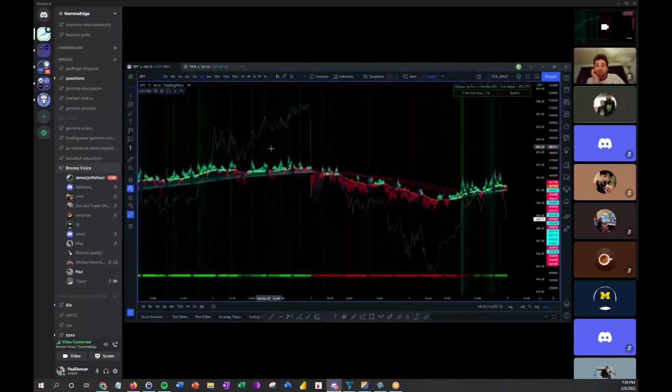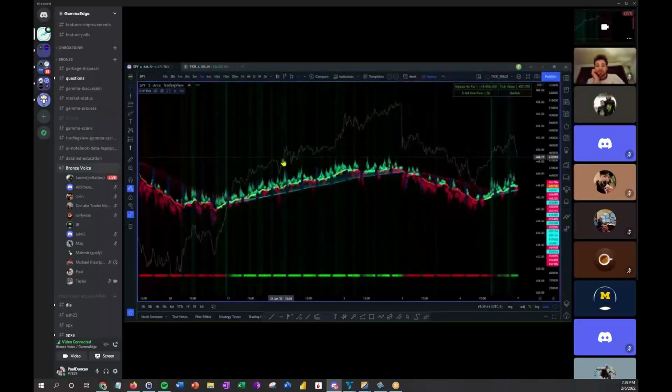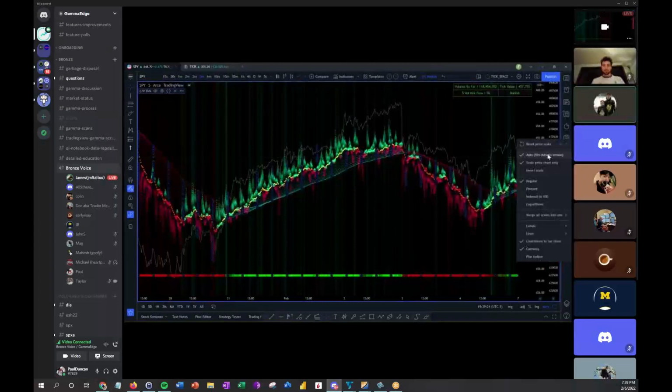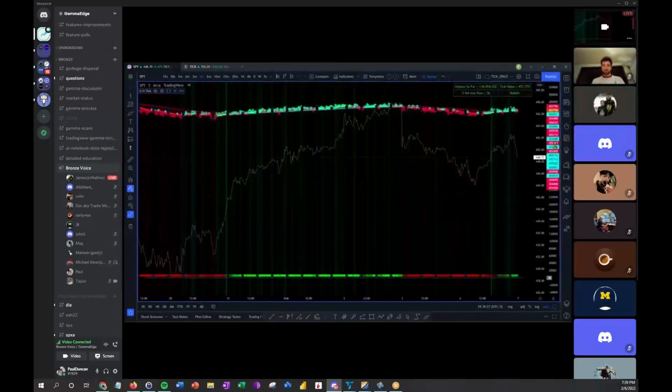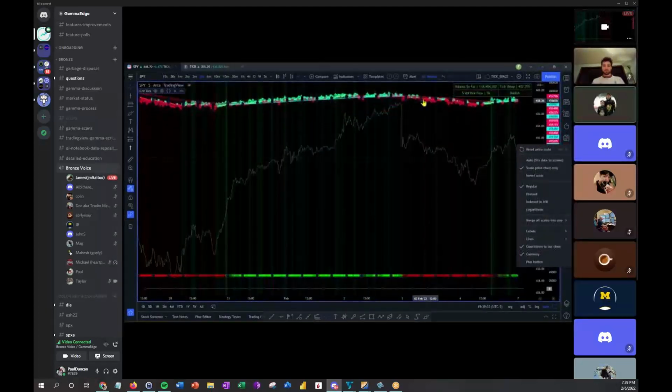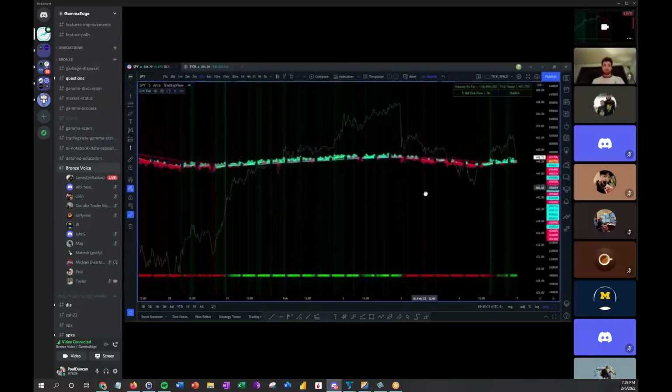The nature of the scale, because of the averages and how things plot on here, is that it wants to compress. But if you unclick auto fit data to screen and scale price chart only, you'll have a little bit more workable tool.